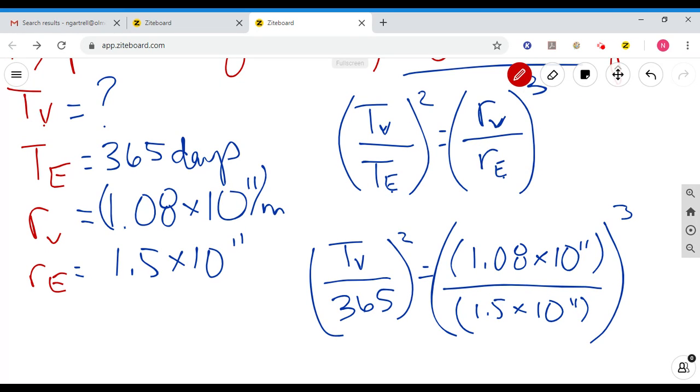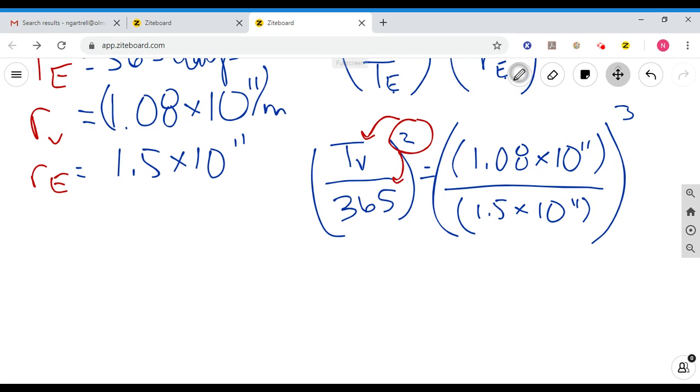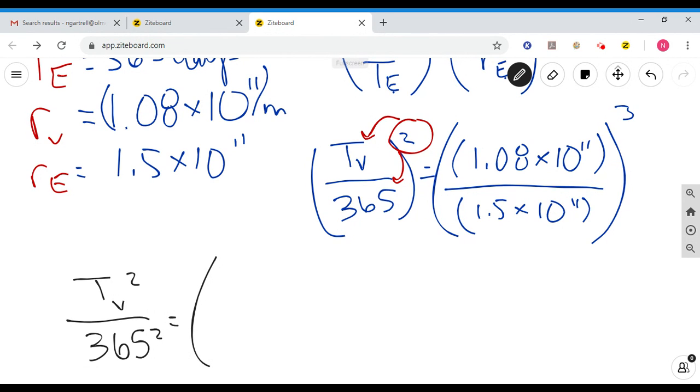Now, in order to solve for the variable, it's stuck inside the parenthesis. So to get the variable out, I have to distribute the square to the top and the bottom. All right, and by distributing that square, now I can move things around. All right, and we have this whole chunk of a side over here.